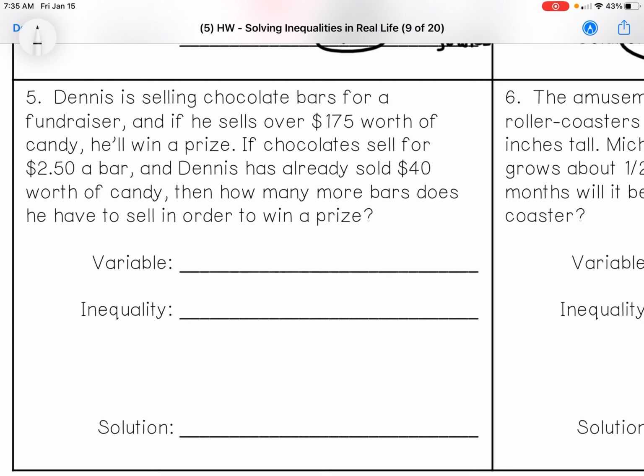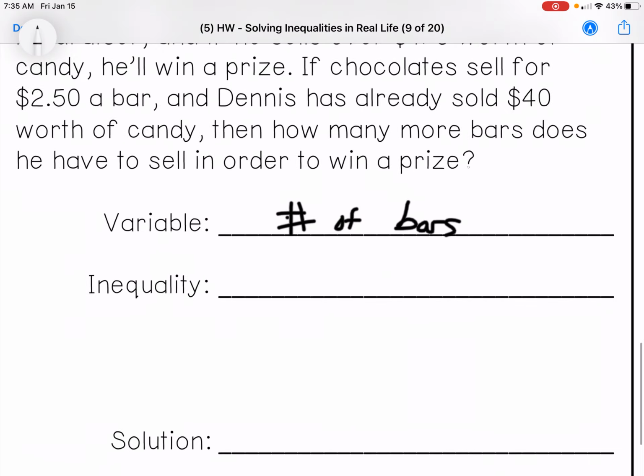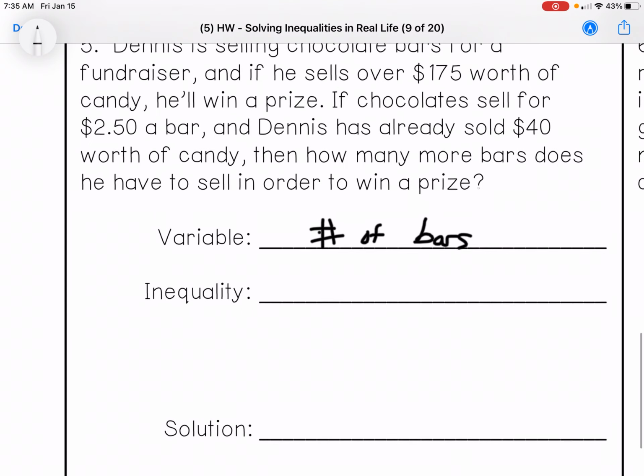How many more bars? So the variable is number of bars. He sells over 175, so it has to be greater than 175.